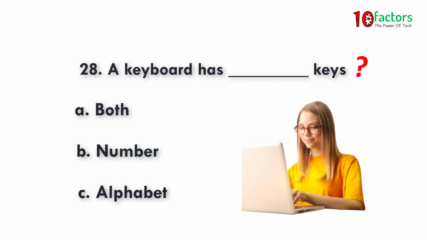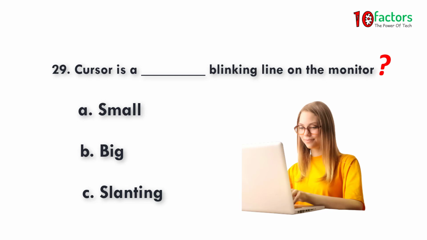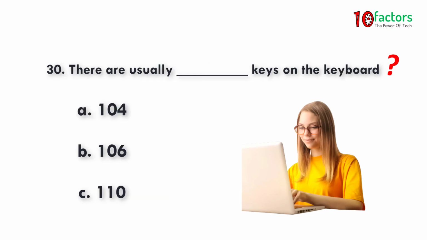Question 28. A keyboard has keys. A. Both. B. Number. C. Alphabet. Right answer, A. Both. Question 29. Cursor is a blinking line on the monitor. A. Small. B. Big. C. Slanting. Answer, A. Small. Question 30.